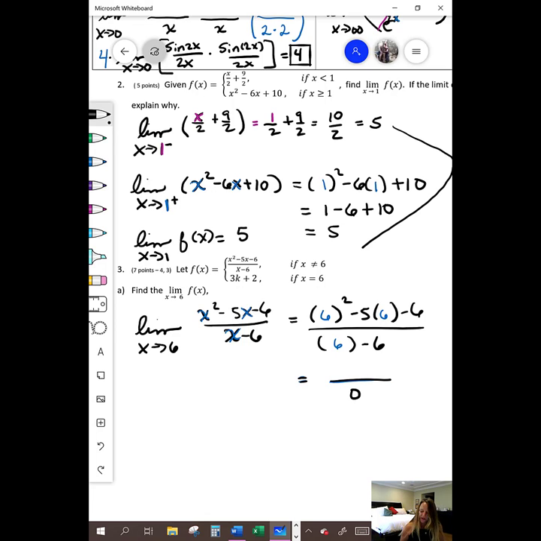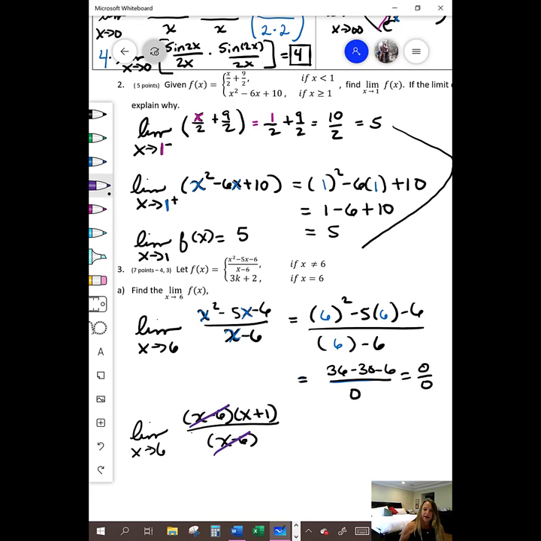And in my numerator, 6 squared is 36 minus 5 times 6, which is negative 30, minus 6, so that we get 0 over 0. So it looks like I need to factor, and I notice if I factor my numerator x squared minus 5x minus 6, that factors as x minus 6 times x plus 1 all over x minus 6.